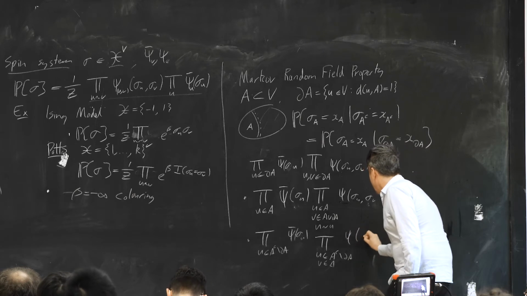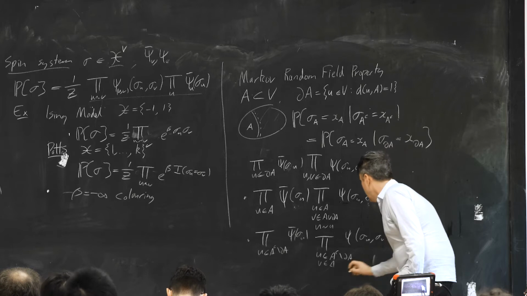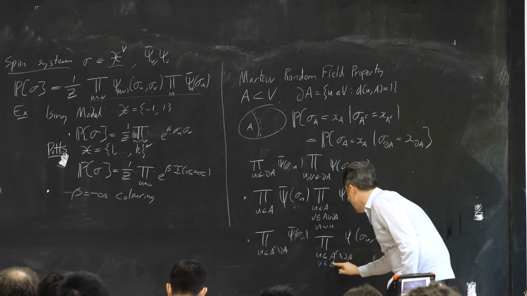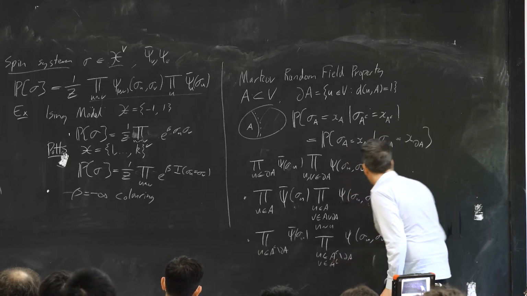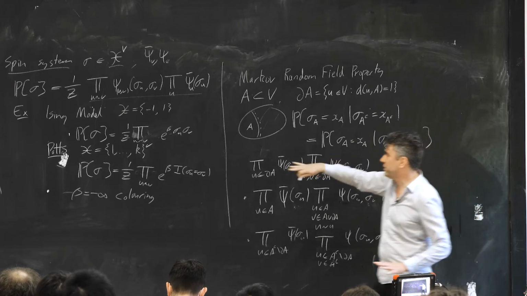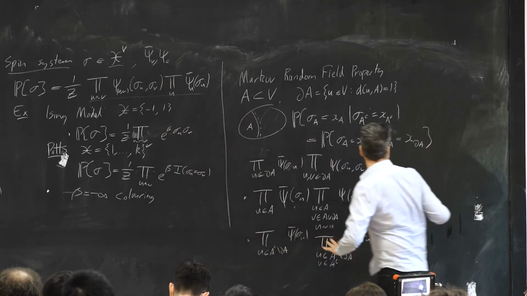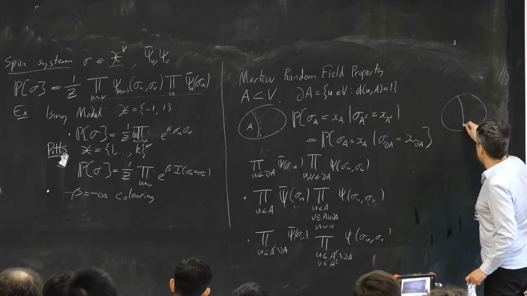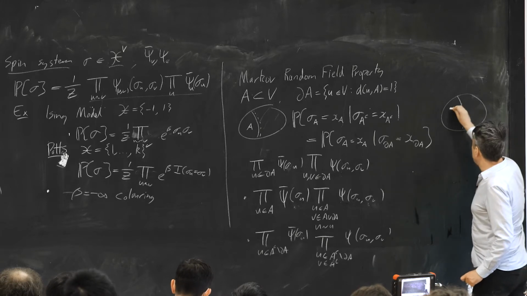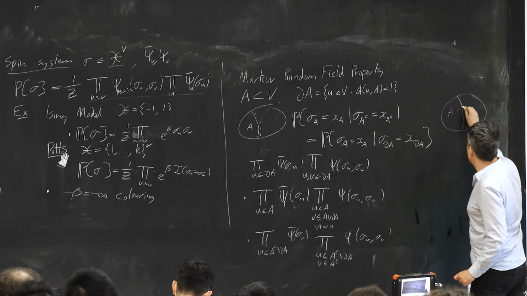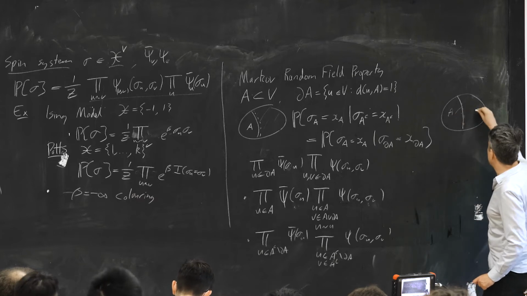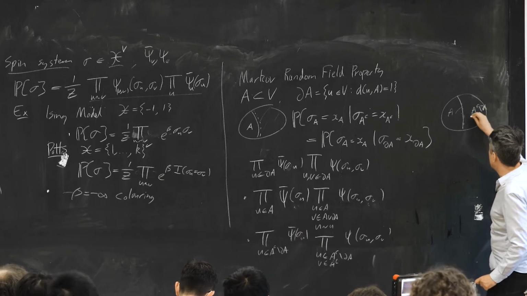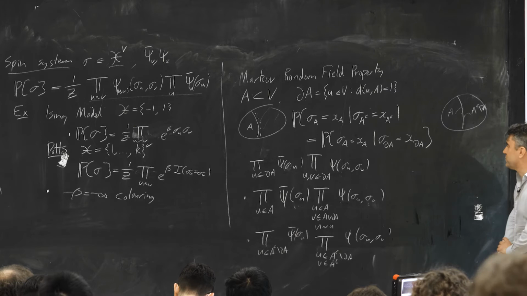But basically I want to break up the vertices and edges in this product into the ones that only involve the boundary, the ones that only involve A and maybe edges from A to the boundary, and the ones that only involve A complement minus partial A and their edges to partial A as well.